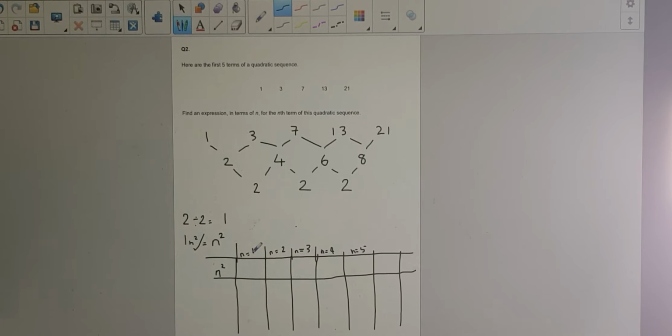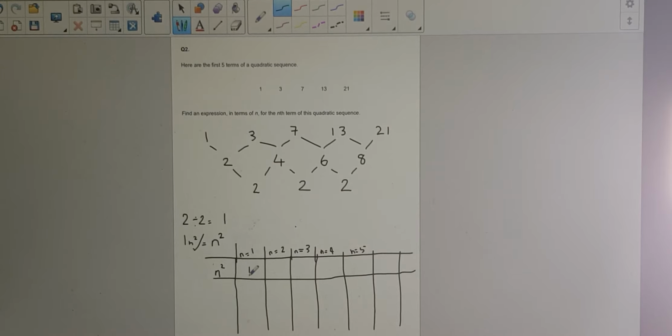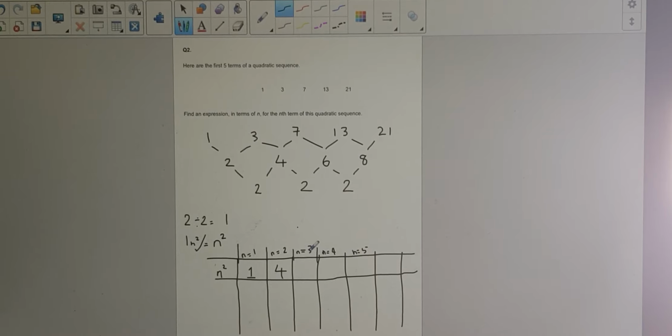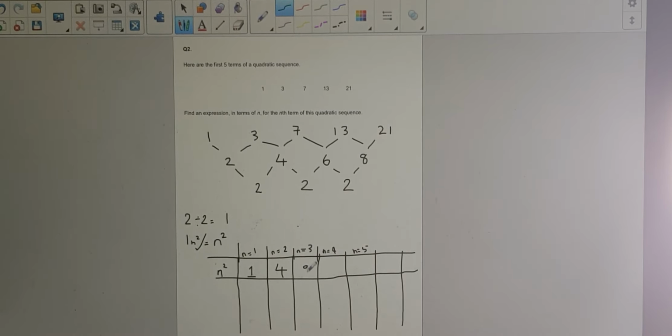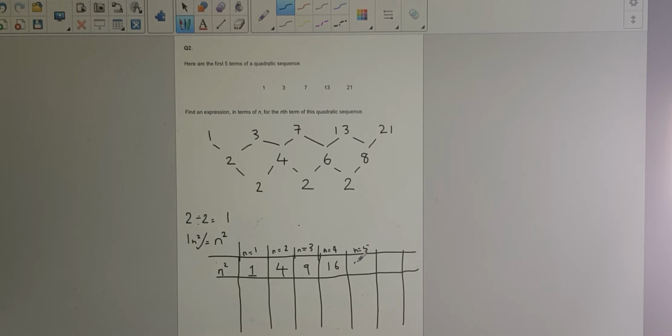So I'm going to do 1, and because it's n squared, 1 squared, which is 1. For n equals 2, 2 squared is going to give me 4. N equals 3 for my third term, 3 squared is 9. Here it would be 16 and 25.